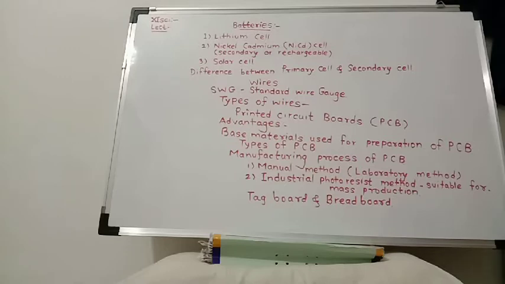The boundary of two substances in close contact is called a junction. Examples are copper and cuprous oxides, CdS, that is cadmium sulfide, and gallium arsenide, etc.